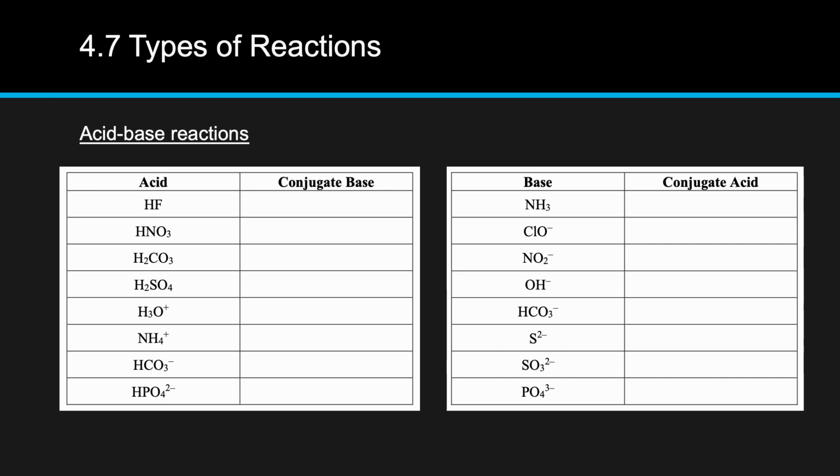So remember, an acid donates a proton, which is H+. So if we have HF, that is going to become F-. HNO3 will become NO3-. H2CO3, we're only getting rid of 1 proton, becomes HCO3-.